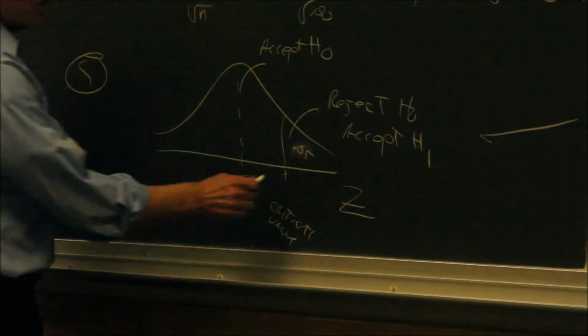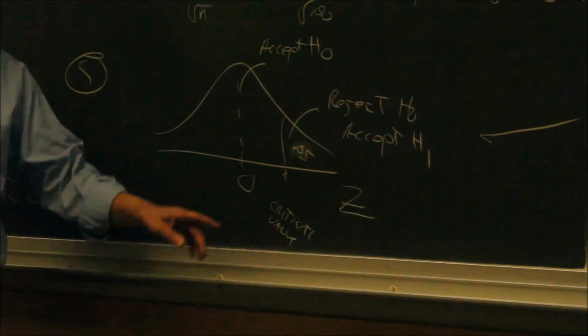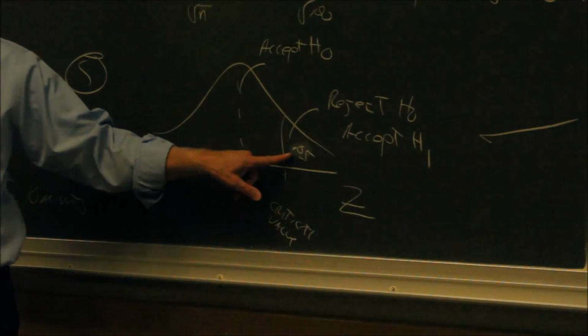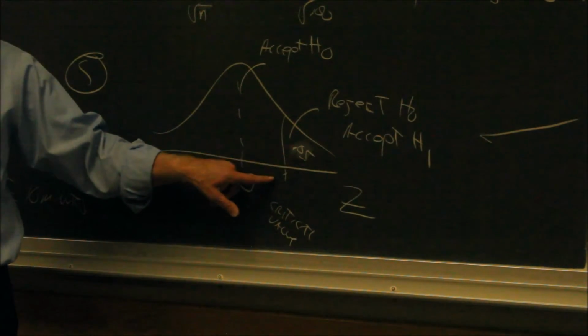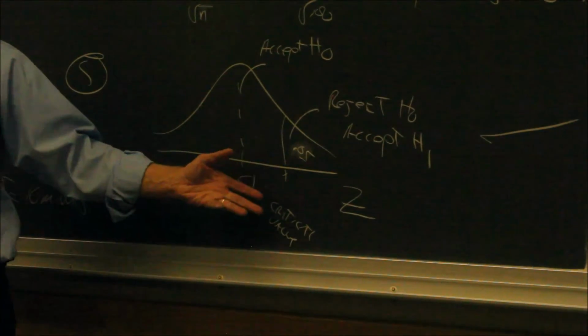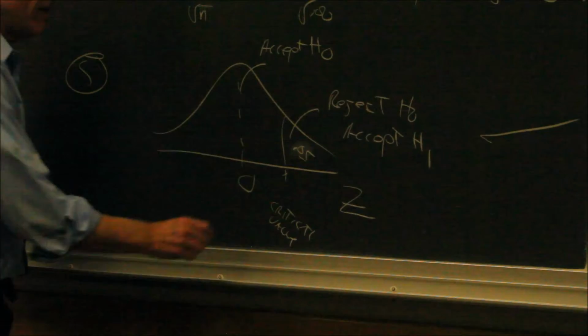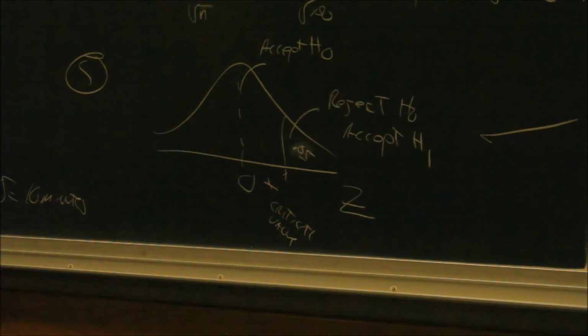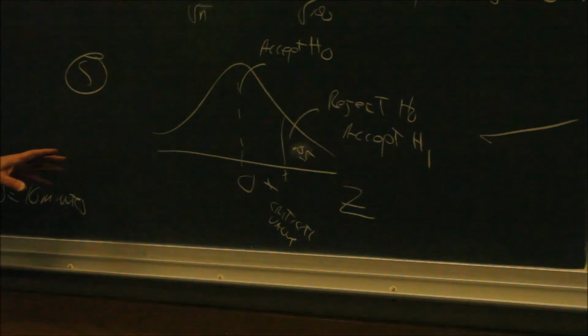And if this is a z-distribution, and 5% of the area is in the tail, what's the critical value? Well, it's on the right, so it's going to be a plus. Now remember, if we had it set up a different way, where this was greater than or equal to, if it's set up like C, the rejection region is on the left, and therefore it's a negative critical value. All right?